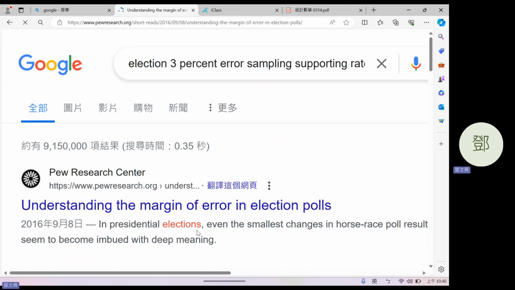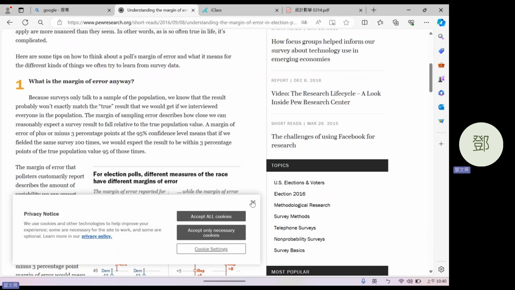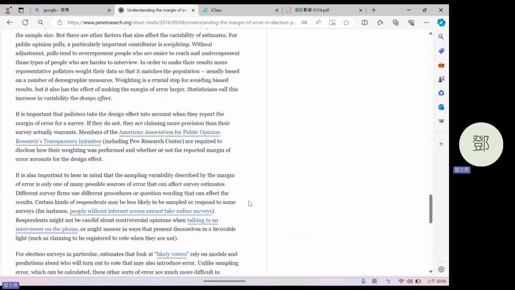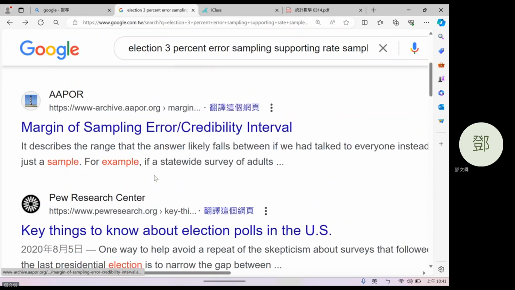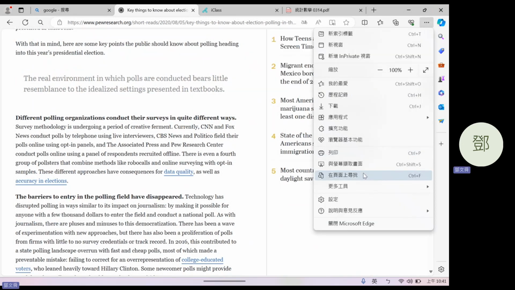Understanding the margin of error in election polls. What do they open with? 3%. Fine.